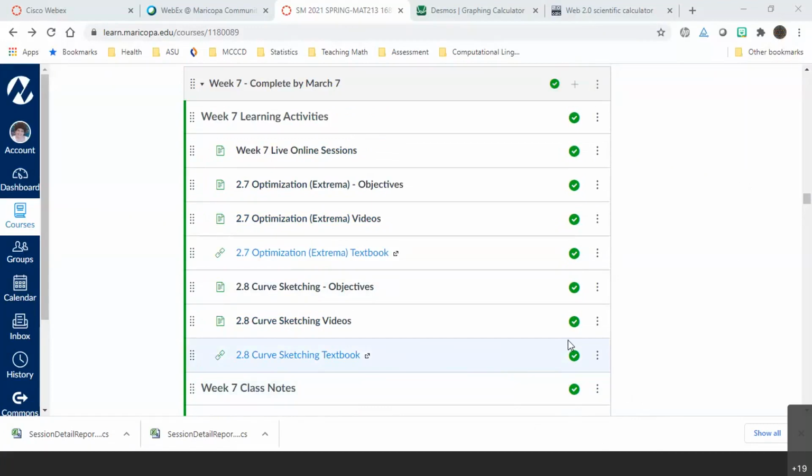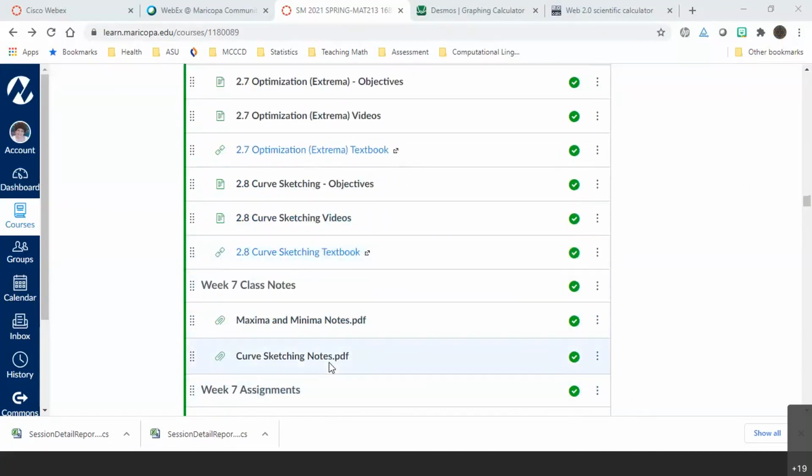All right, so what I'm going to be doing is opening these curve sketching notes to share with you. Give me a moment to do that. That takes me some time. Okay, and let me share those with you.